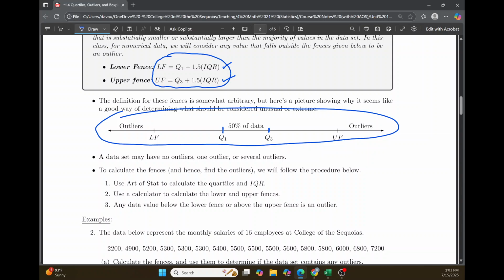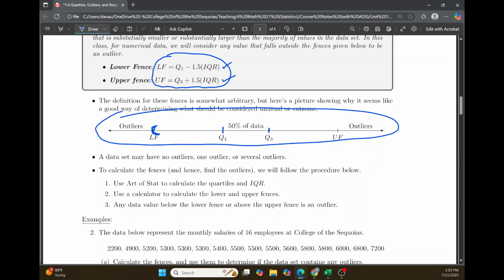Well, if half of the data is within these two marks, our lower fence would be 1.5 times this distance, and then you subtract that from Q1, and that would land you all the way down here at the lower fence.